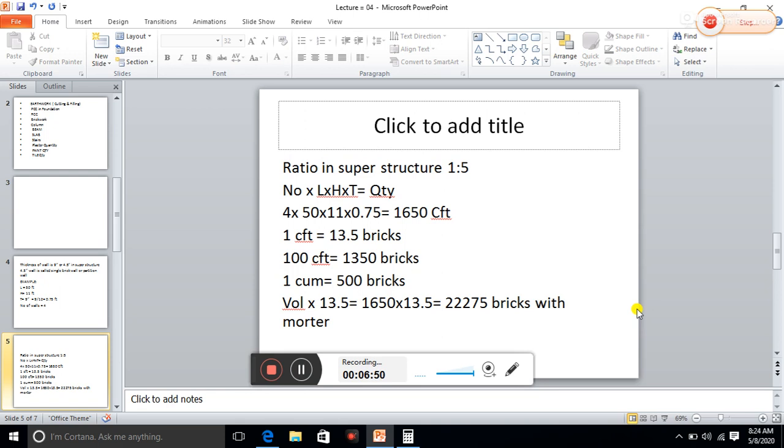Now we will find cement quantity and sand quantity. For that we will convert this volume into dry volume. This is wet volume, so we will convert it into dry volume.